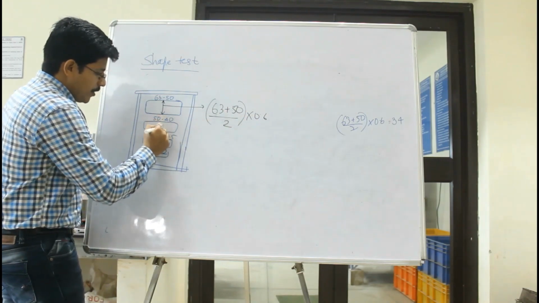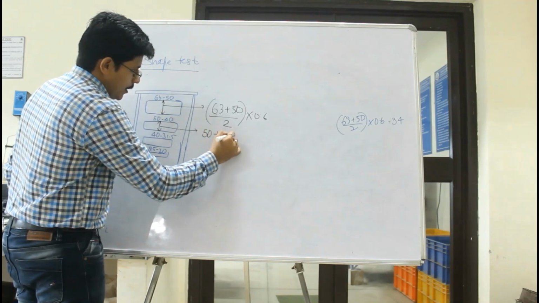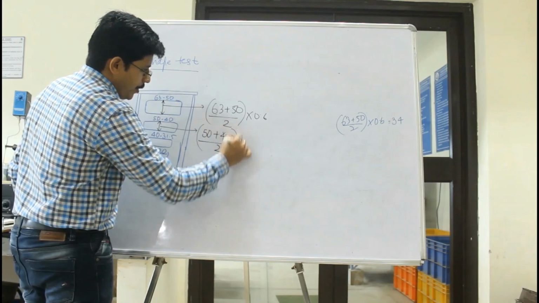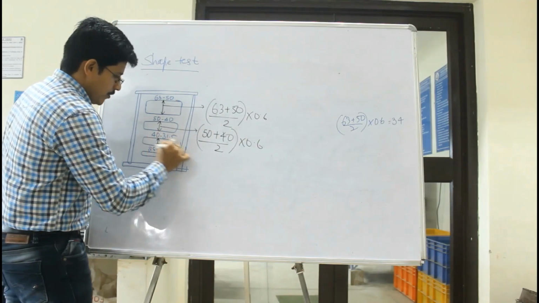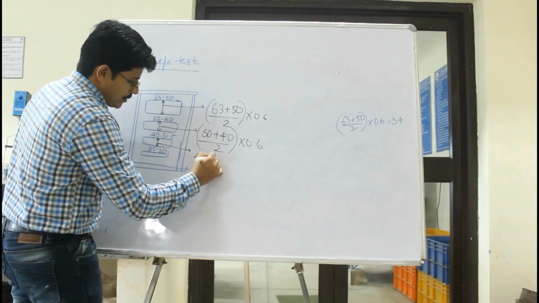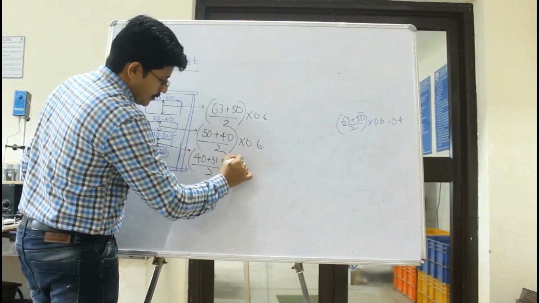Similarly, this width will be 50 plus 40 divided by 2 into 0.6. And in a similar way, this will be 40 plus 31.5 divided by 2 into 0.6.